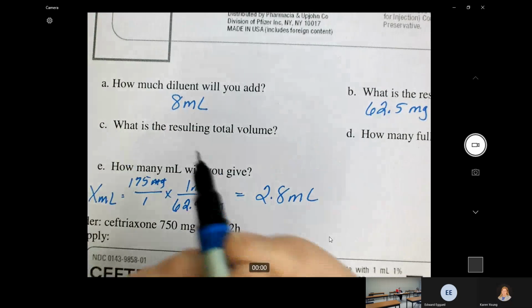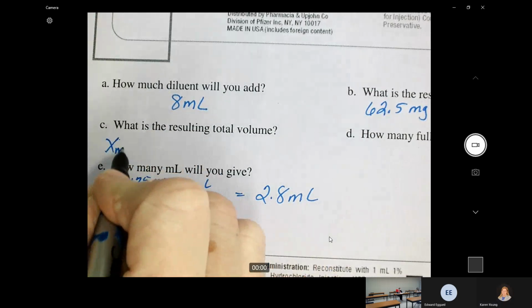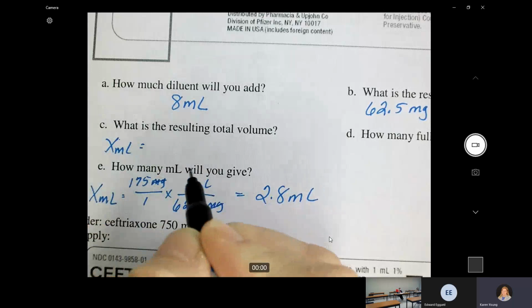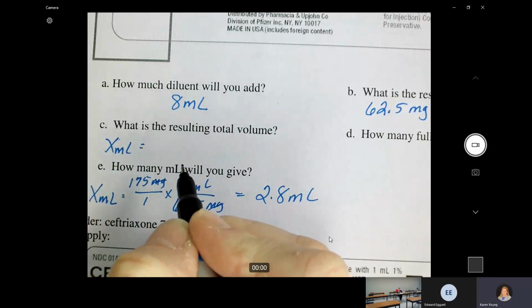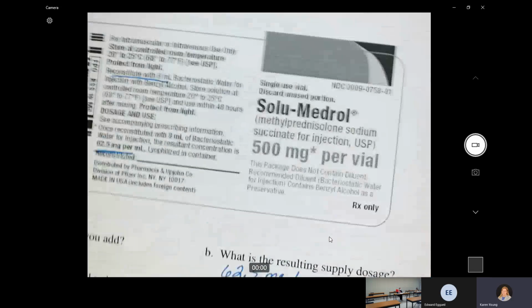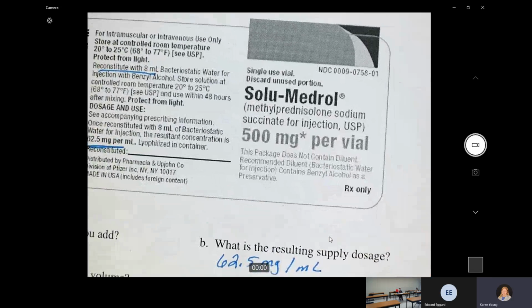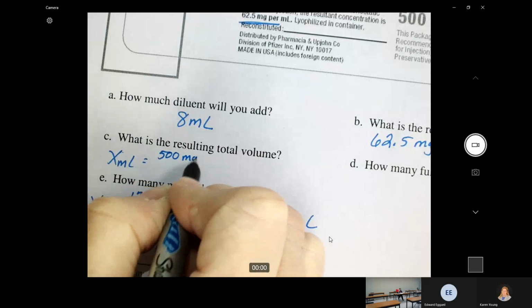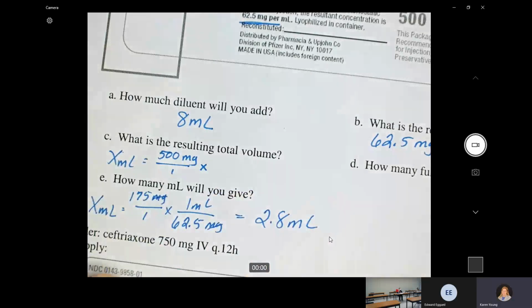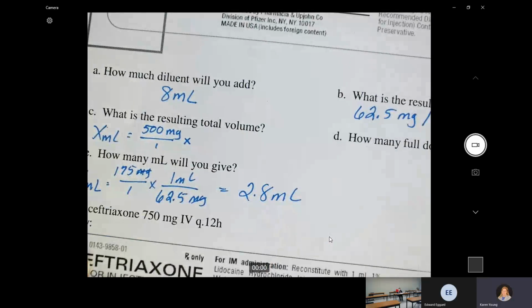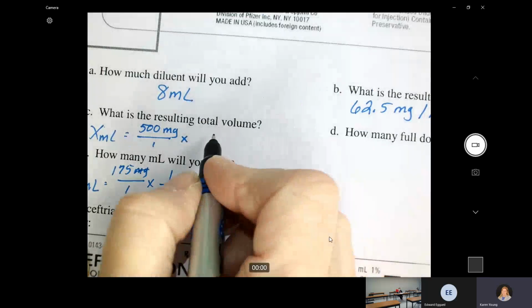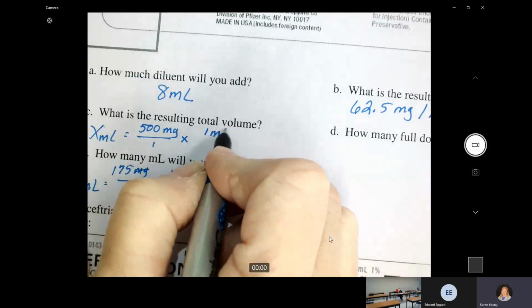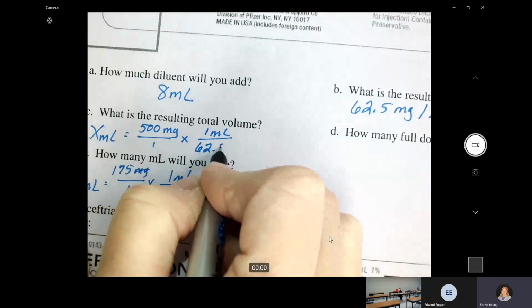Okay. So what am I going to start with to double check this? The total meds, which is 500 milligrams, right? And then what am I going to multiply it by? Yeah, the supply, the 1 milliliter over 62.5 milligrams.